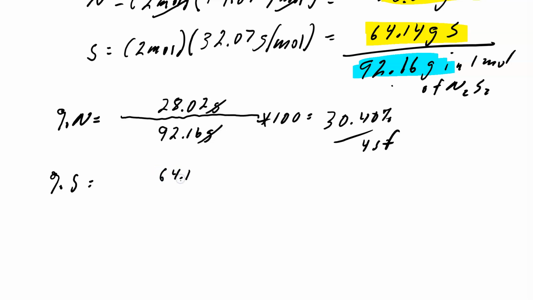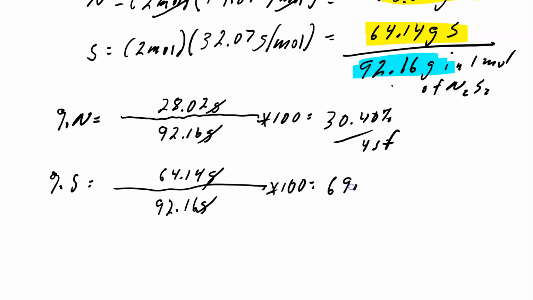So that goes in the numerator, 64.14 grams, divided by, again, the blue shaded number here, the mass in 1 mole of the compound, 92.16 grams. Grams cancel, I'm going to multiply by 100 to get percent. And now doing the math on that, we get a value of 69.60%. Again, we have 4 significant figures.